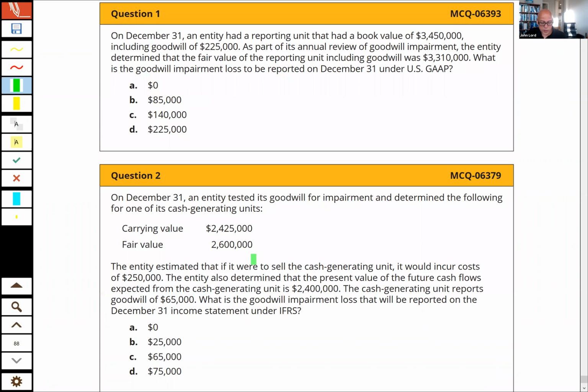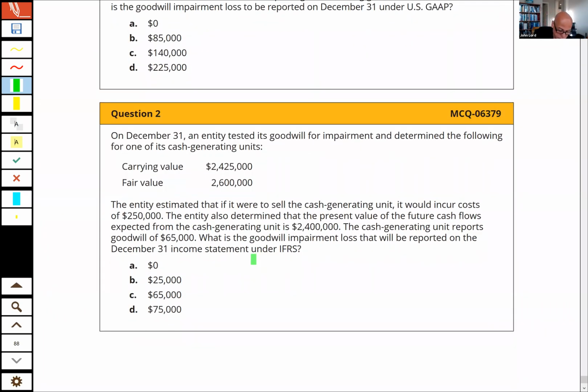Let's just go ahead and look at a couple of questions. What I'm going to do is do question 2 with you. This is IFRS. Again, IFRS is not tested after July 1st, but it's worthwhile for us to look to see what they were talking about here. So I've got this fair value and carrying value.